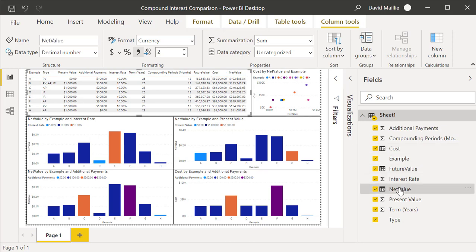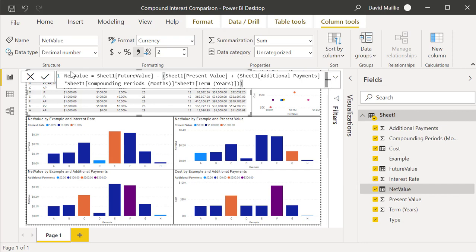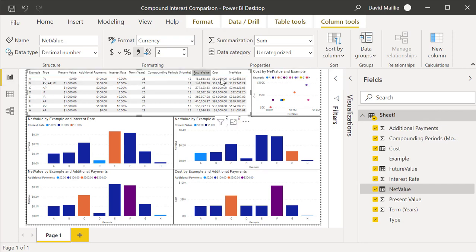Net value is basically sheet 1 future value minus sheet 1 present value. You can do it this way, or you can take minus the cost. You could put that in there too. I just wanted to create them the same, and I also created the net value before I created the cost, so I wouldn't be able to subtract that. So it's very simple. It's not as hard as it looks. So here I have future value, cost, and net value.